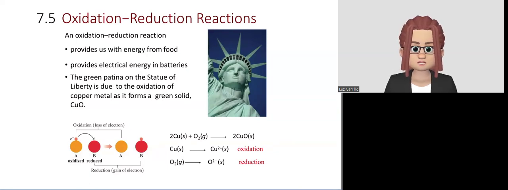And due to the oxidation that has occurred of the copper metal, which is the main substance that the Statue of Liberty is formed from, it has over the years developed this green solid that is copper 2 oxide. We know that as green patina. So as the picture on the right side shows, the tint that the Statue of Liberty has is due to an oxidation reduction reaction that has occurred to the copper that it is made out of.